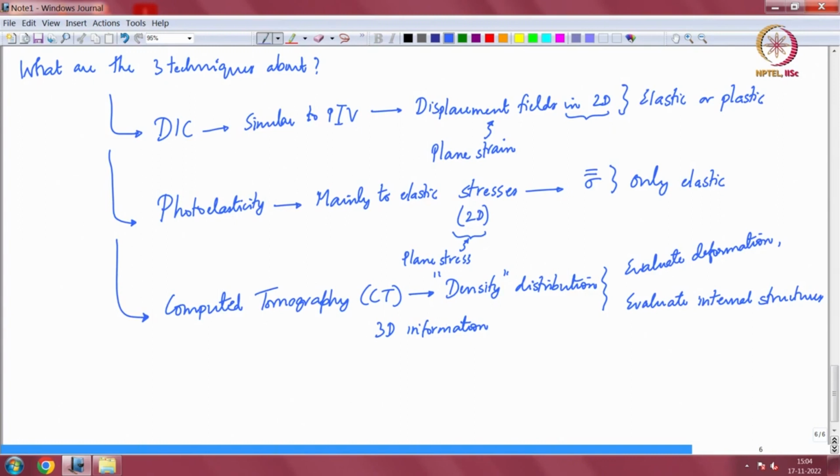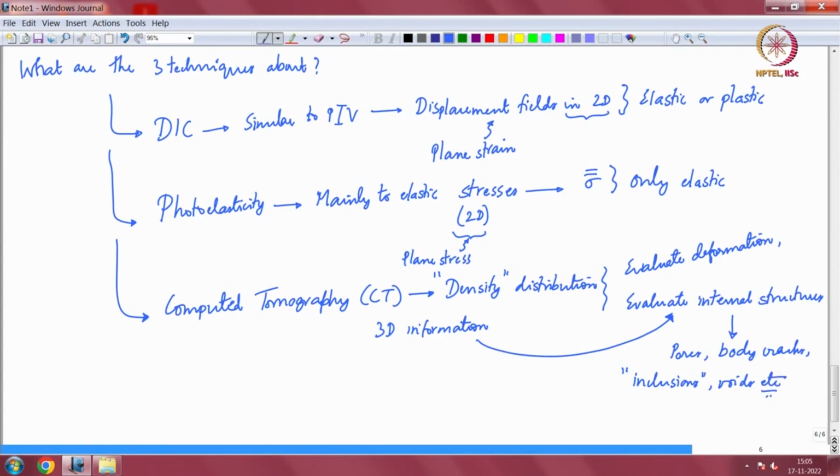Okay. And so this allows you to evaluate internal structures, and by internal structures I mean things like pores, body cracks, inclusions, voids and things like that. Okay.